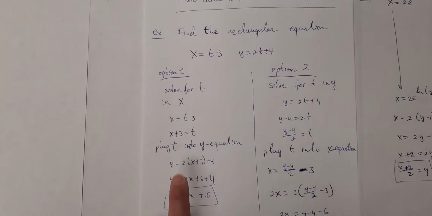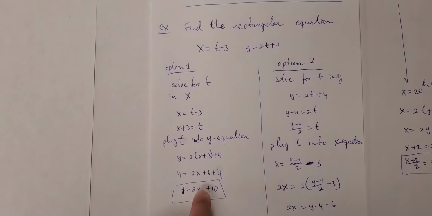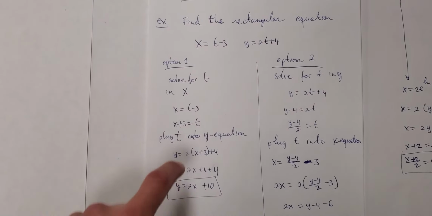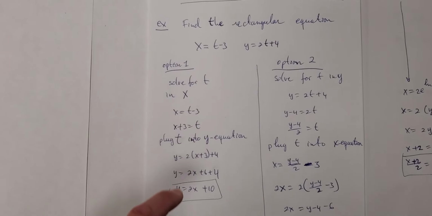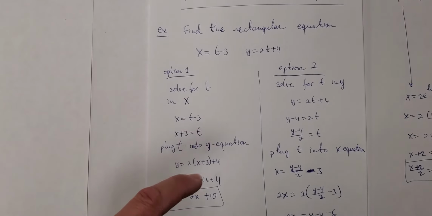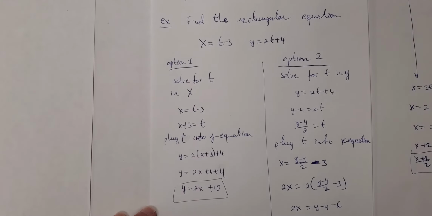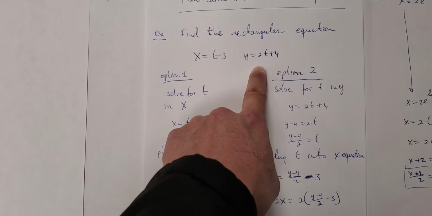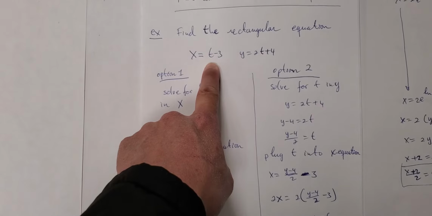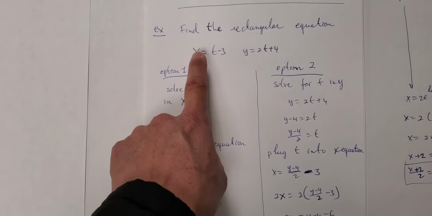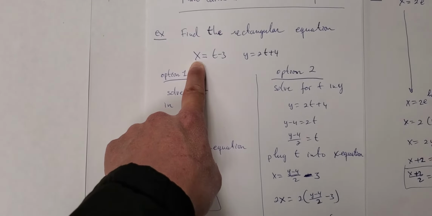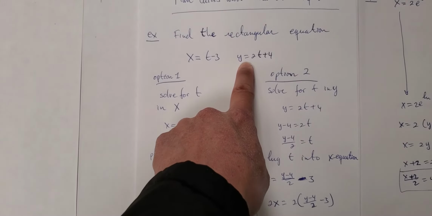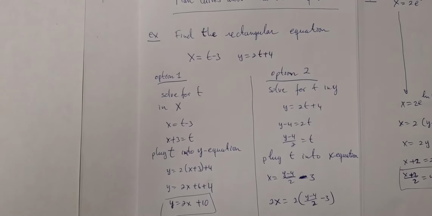This equation and these two equations are the same graph. The only difference is that this doesn't have time, this does. So at time 0, where will x be? At time 0, where will y be? Okay, so that's what parametric is.